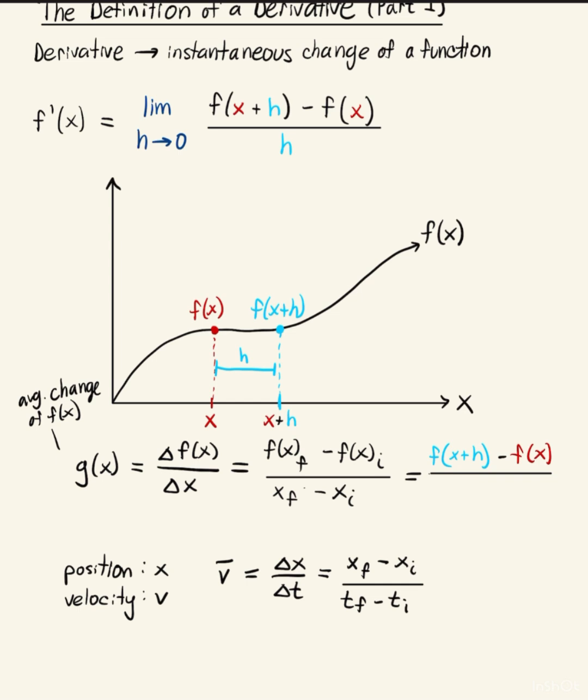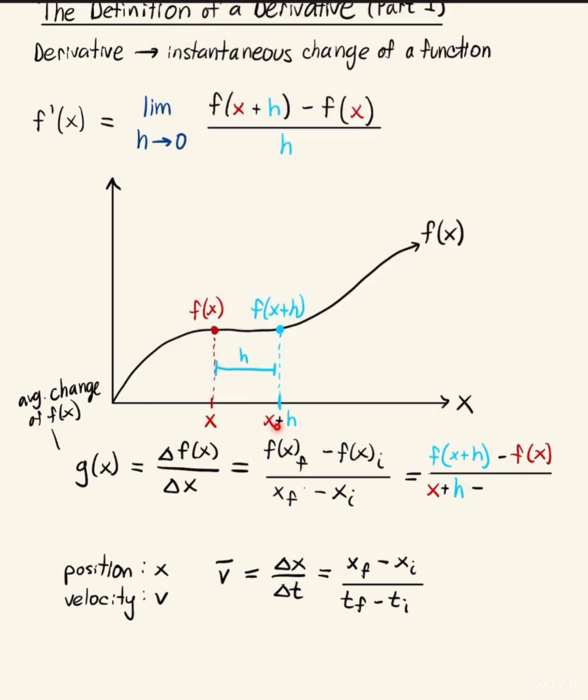So if our final f of x value is f of x plus h, then our final x value is going to be where we get that f of x plus h value, which is at x plus h. So our final value will be x plus h. And we'll subtract our initial x value.